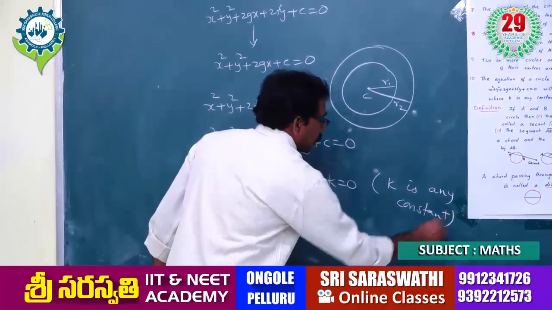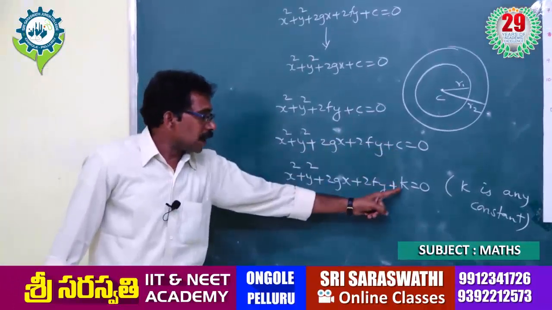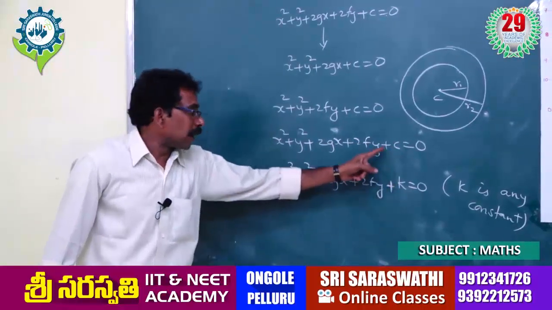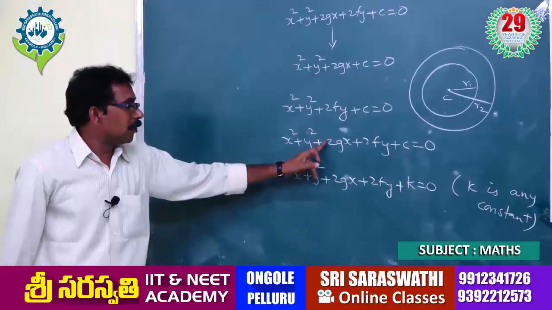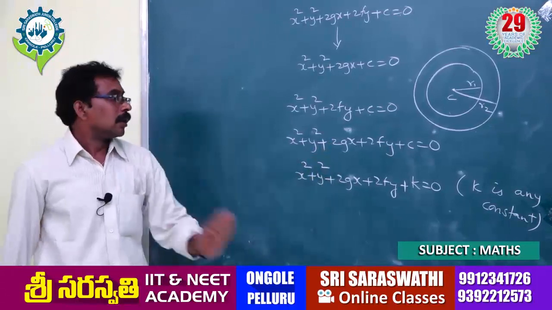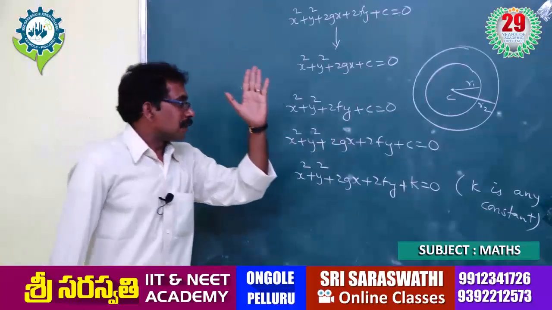Means only the constants are different but the remaining are all the same. So these two equations are concentric circle equations.